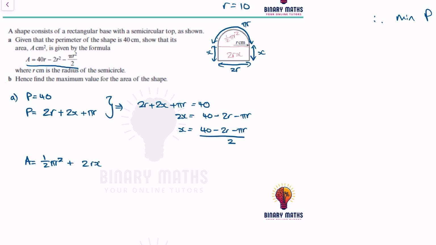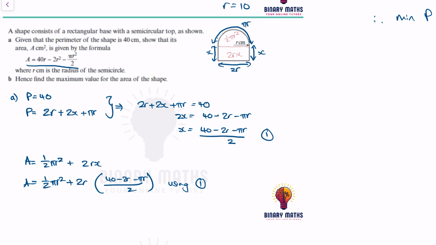Okay, so if we call this equation 1, then I can replace x using equation 1: A is equal to half pi r squared plus 2r times (40 minus 2r minus pi r) over 2.